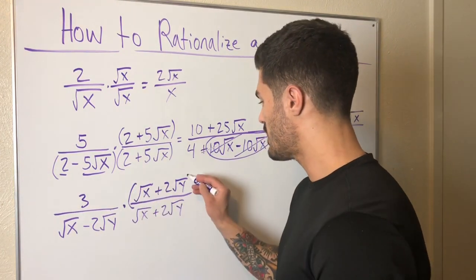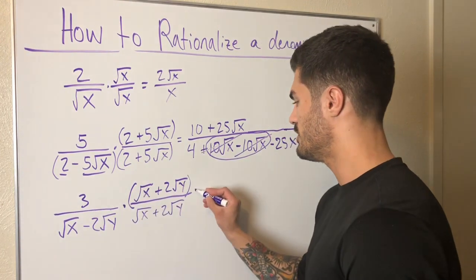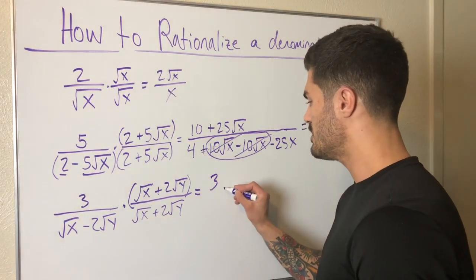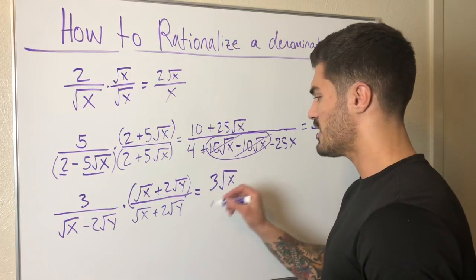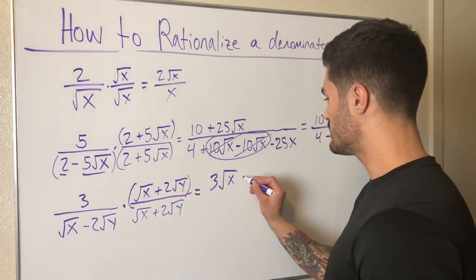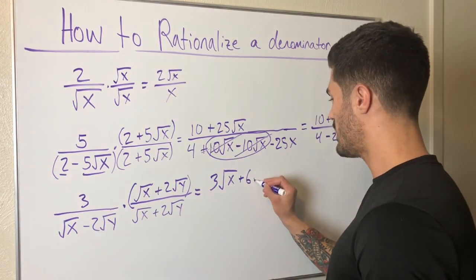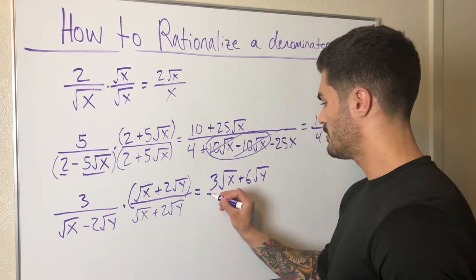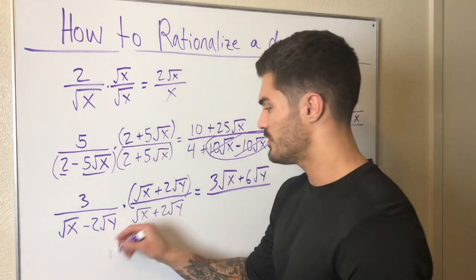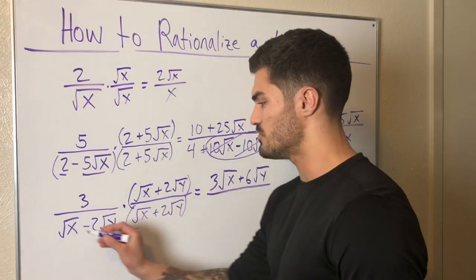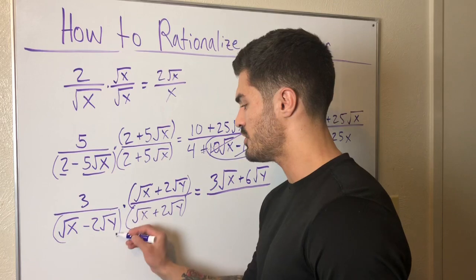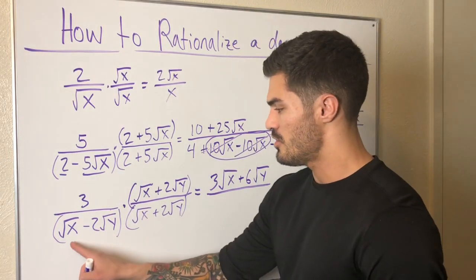So in this case, on the top, I simply just distribute this 3. So this equals 3 square root of x plus 6 square root of y. And on bottom, what am I left with? Let's see. These need some parentheses. I'm going to do some foiling here. Basically just multiplying 2 binomials. Okay.